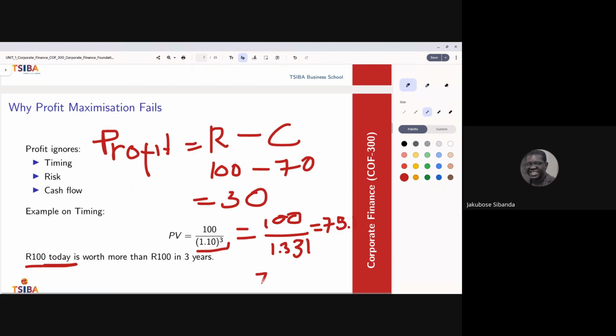Just going to write it here, 75.13. What does this mean?